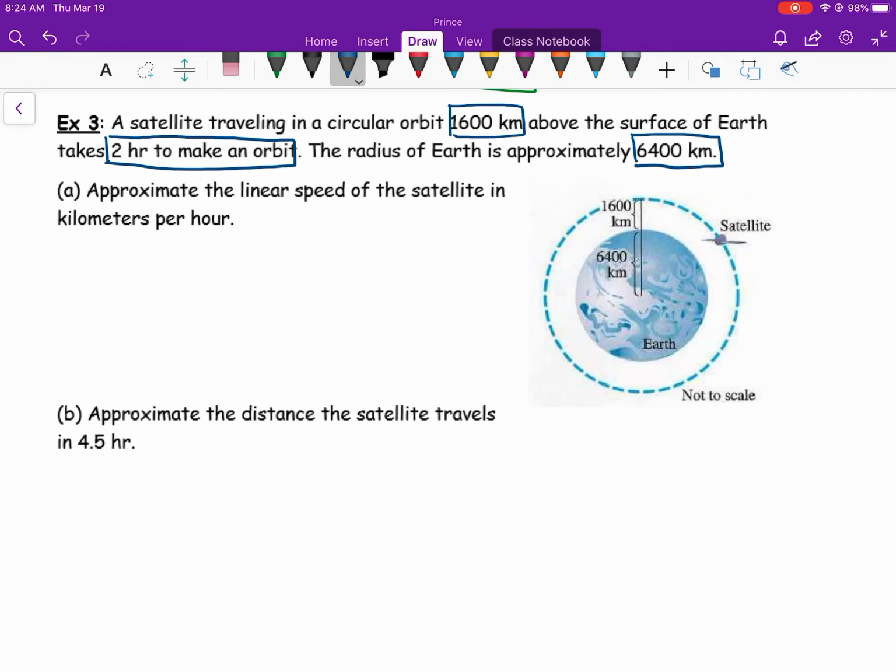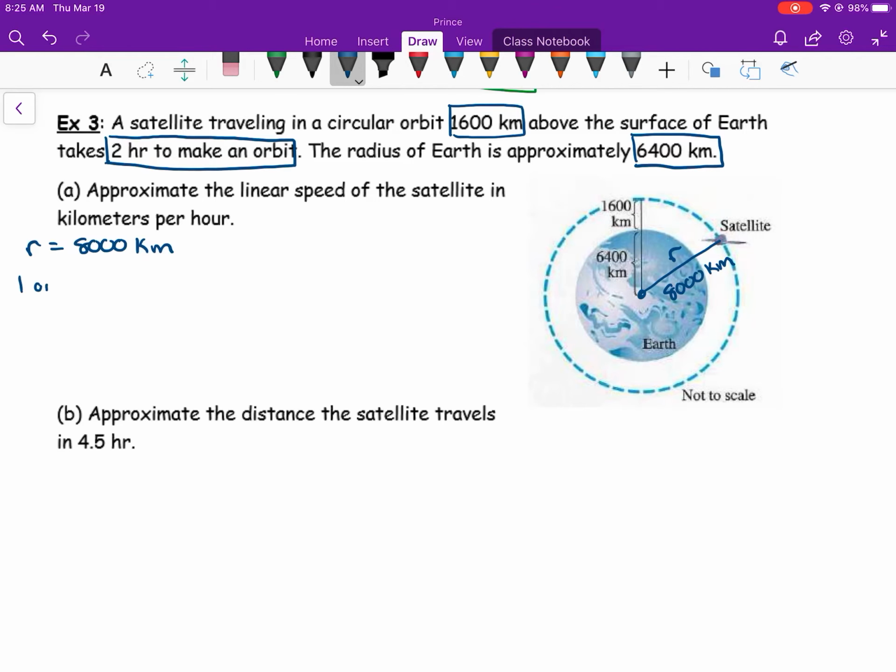Alright, so our true radius, from the Earth to the satellite, as you can see, is the 6,400 plus 1,600, which ends up being 8,000 kilometers. Alright, so that's our radius. So I'll put that outside. Radius is 8,000 kilometers.